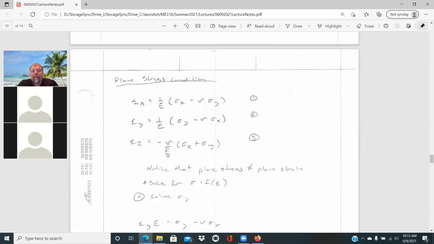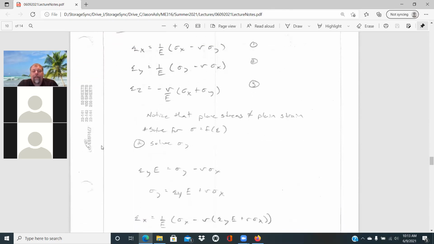So we just have that minus nu over E term times sigma X plus sigma Y. And so again, we note that plane stress does not generally mean a case of plane strain. With this plane stress condition, it can be beneficial to solve for the stress for each as a function of strain. So that's just a bit of a derivation, to rearrange these to solve for sigma X and sigma Y.